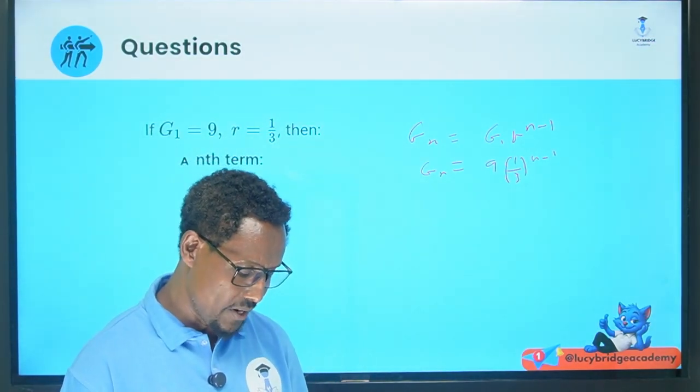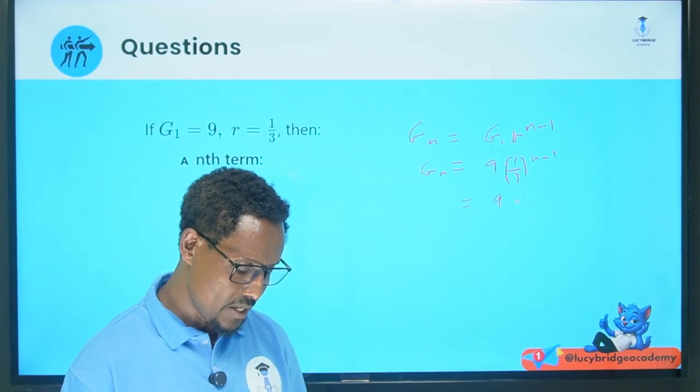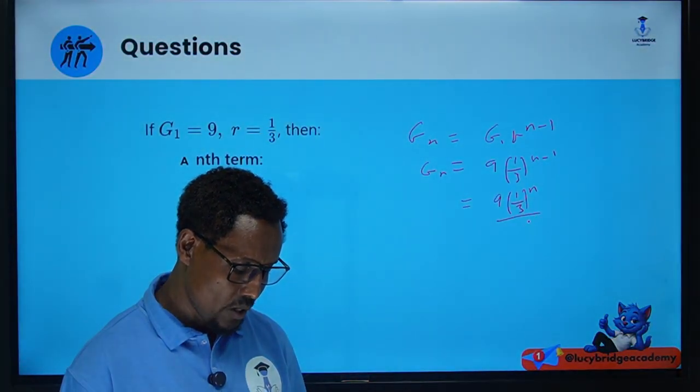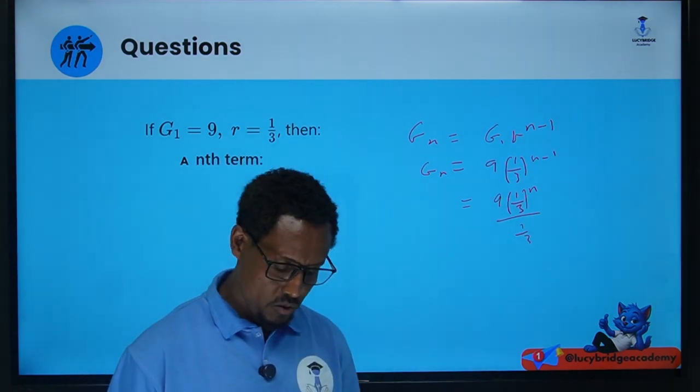Or we can simplify this one like this. This means 9 times 1/3 to the power of n over 1/3, yes? Using the exponential rule, right?